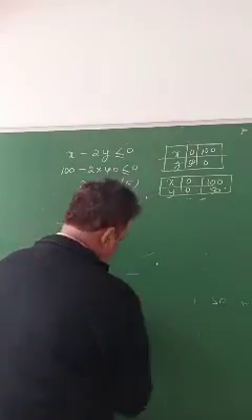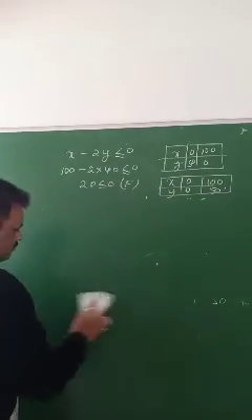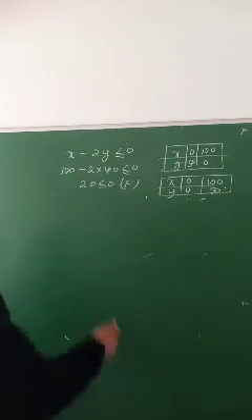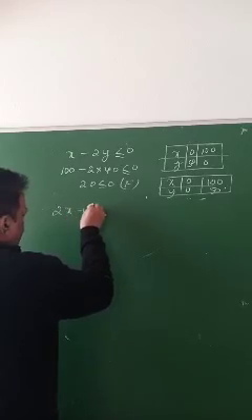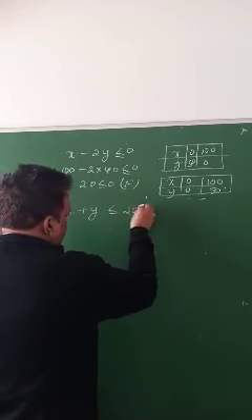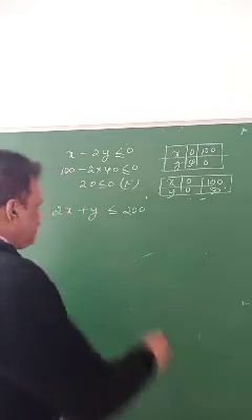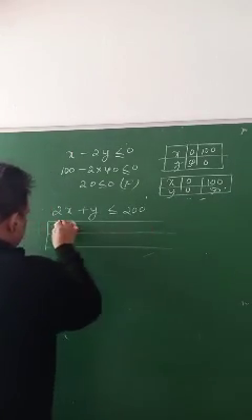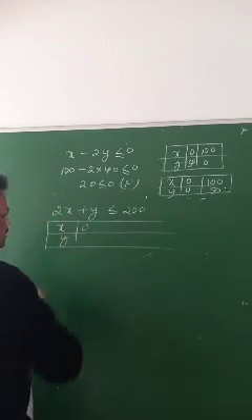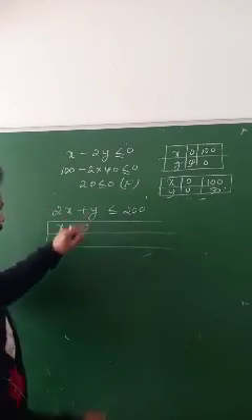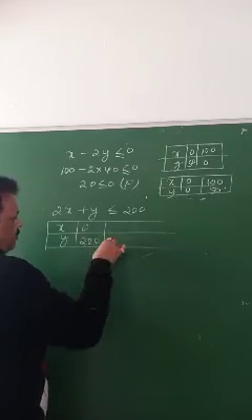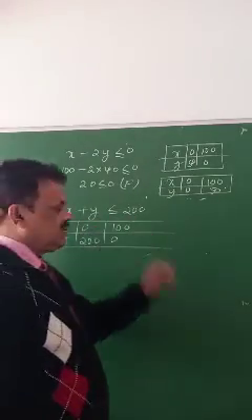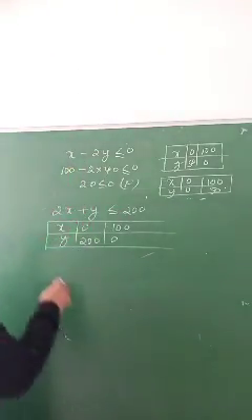Go to the third equation. Third equation is 2x plus y less than equal to 200. Same method. Here is x, here is y. Put x is 0. If you put x is 0, y is 200. Put y is 0, x is 100. Okay, since there is a constant, it doesn't pass through origin, so test of origin.